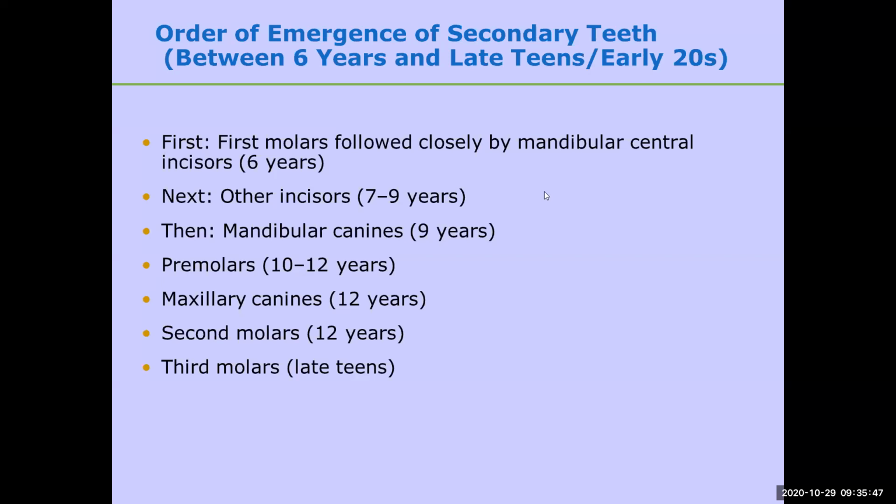Just molars. The first and second deciduous molars, exactly. So that's about 10 to 12 years of age. Then the maxillary canines. Then your 12-year molars or the second molars.